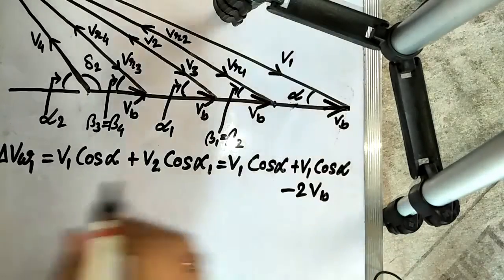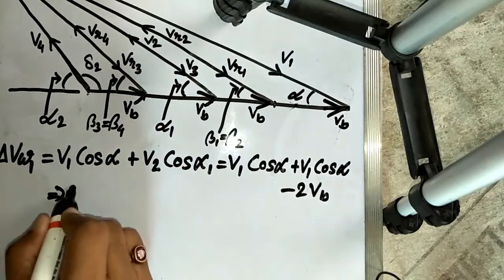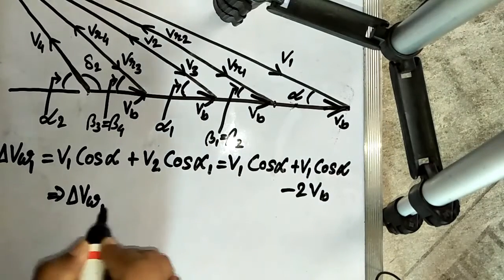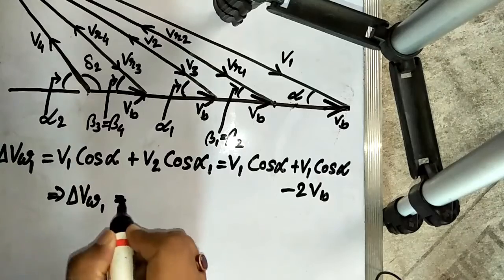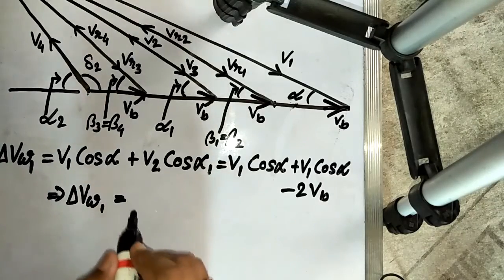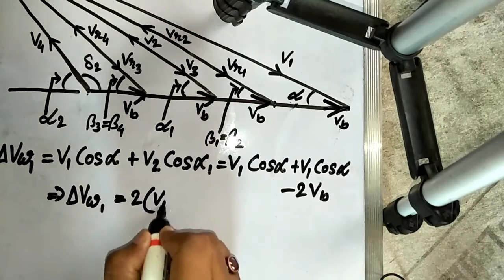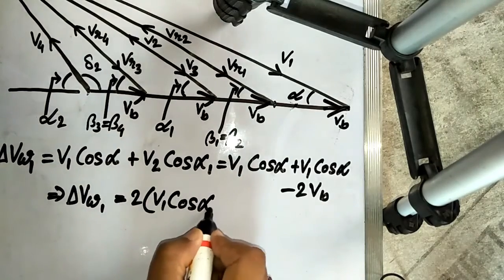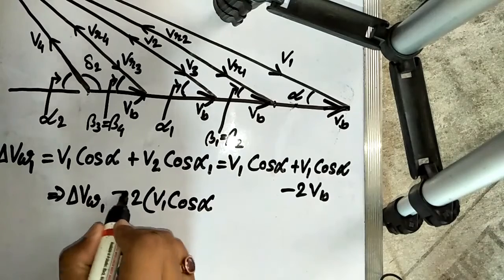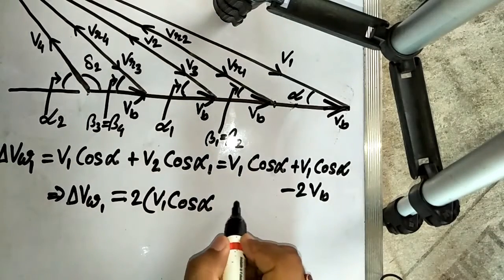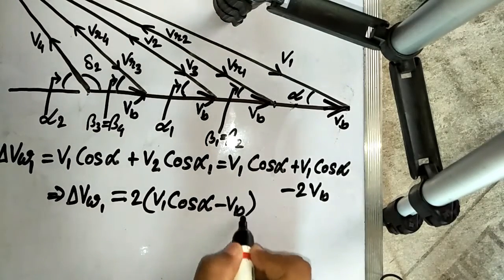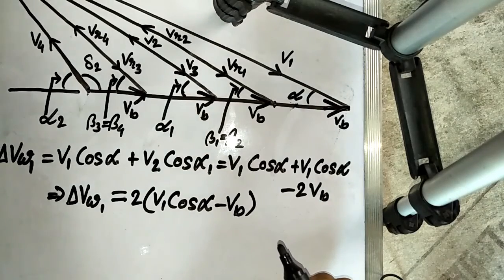So we can write Δv_ω1 is equal to 2 into V1 cos alpha minus vb. This is Δv_ω1.